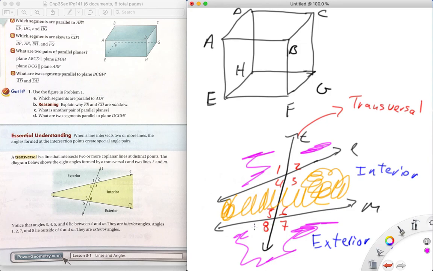While angles 1, 2, 8, and 7 would be called exterior angles because they're in the region on the outside of the two lines.